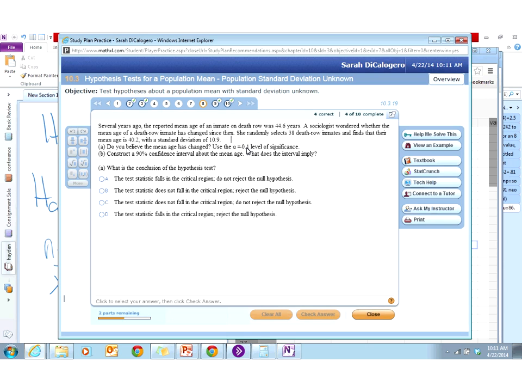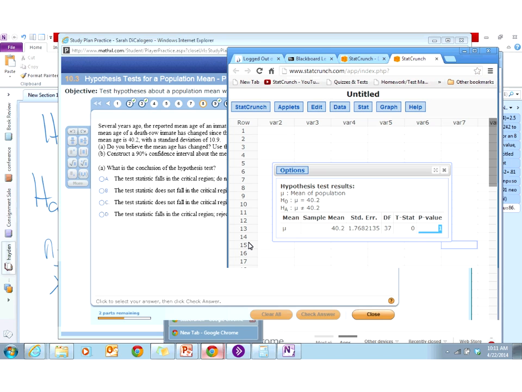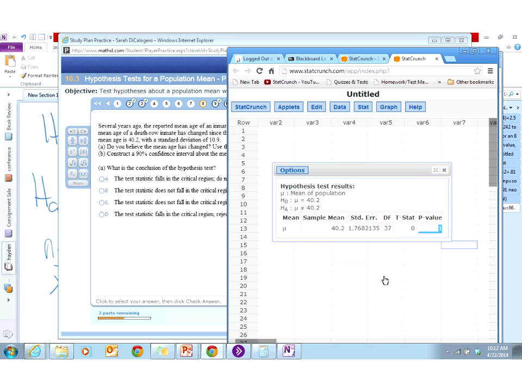Well, if p-value is greater than alpha, we fail to reject. And if you look, what's our t? What was our t value? Our t statistic was 0.